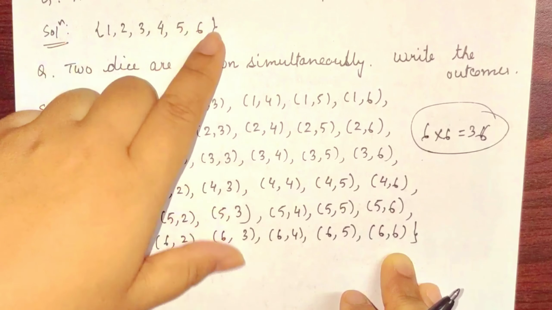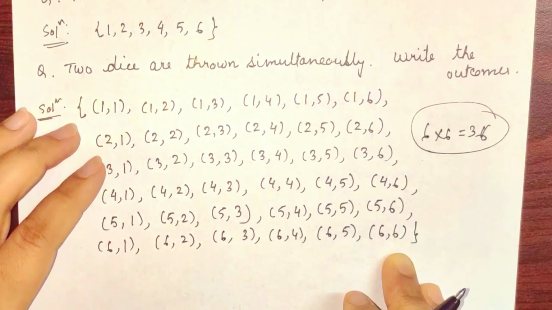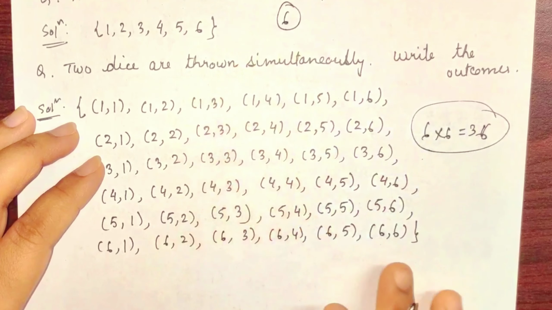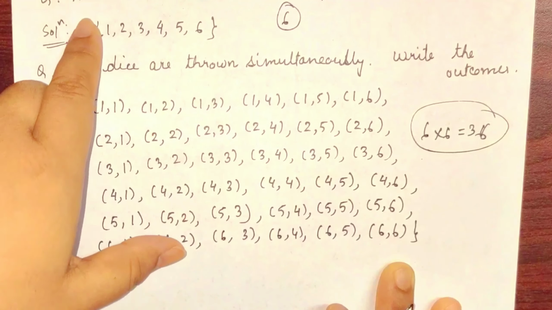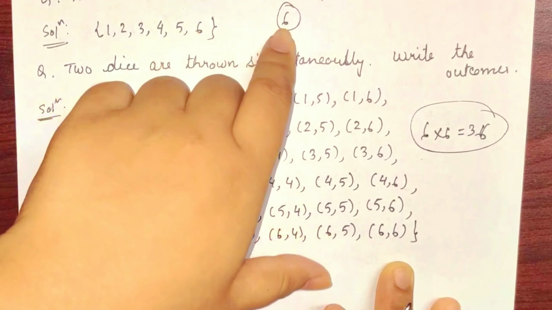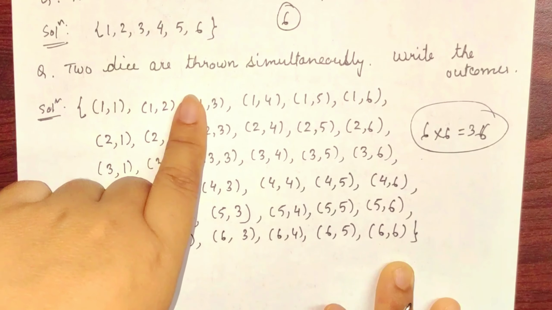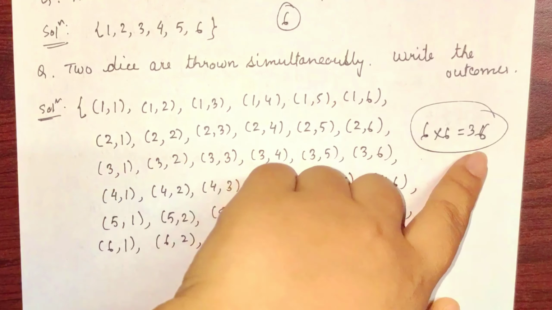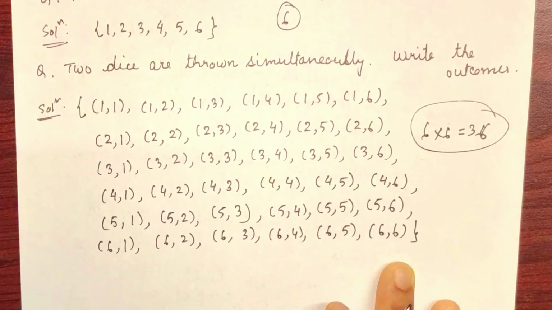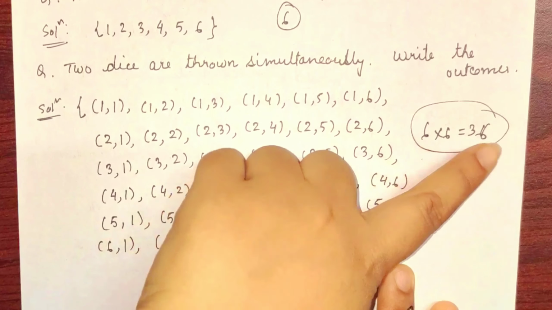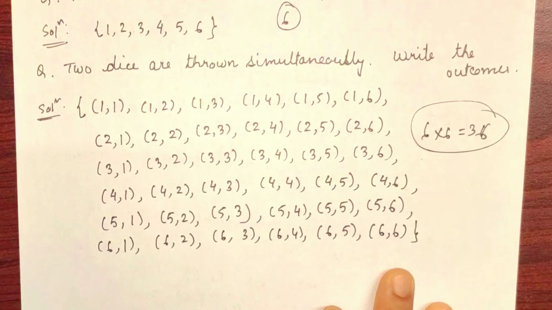And when 1 dice is thrown, we will get 6 outcomes. So the number of possible outcomes if a dice is thrown is equal to 6, and if 2 dice are thrown simultaneously then 36 outcomes are there. Always remember that 36 outcomes are there. Now we will solve another question.